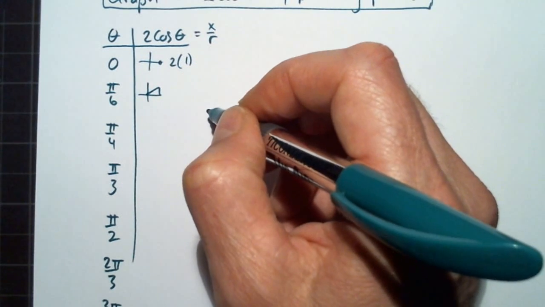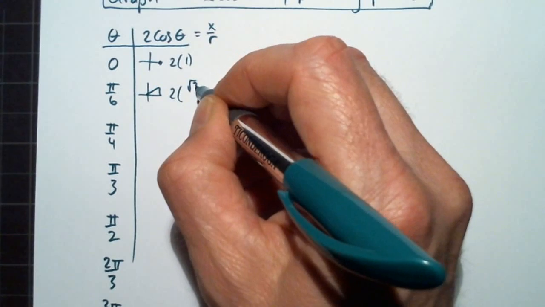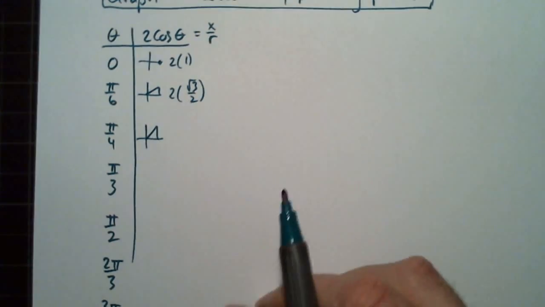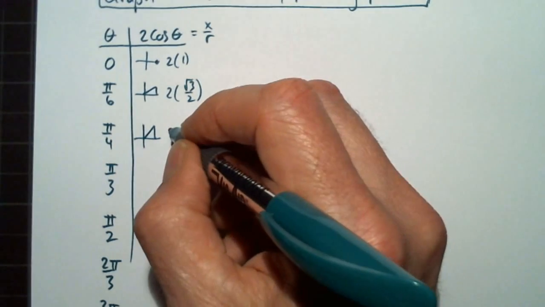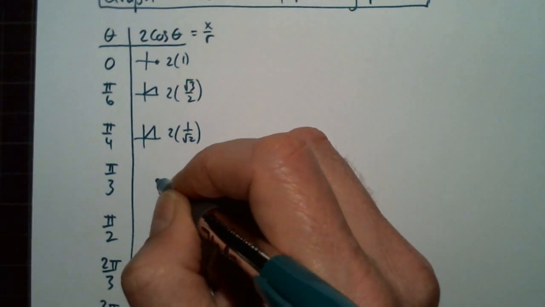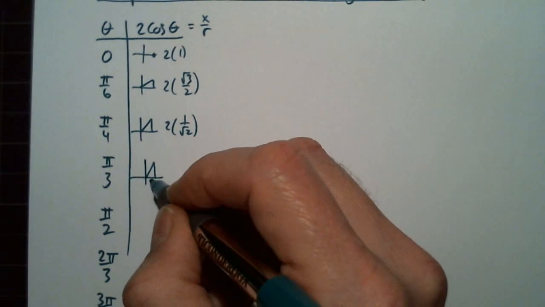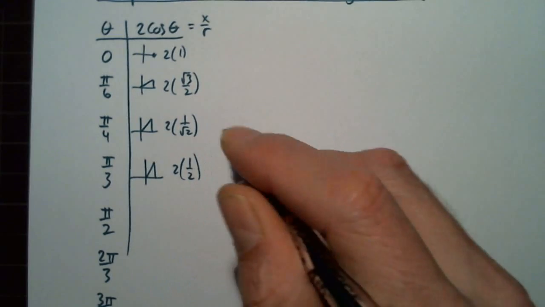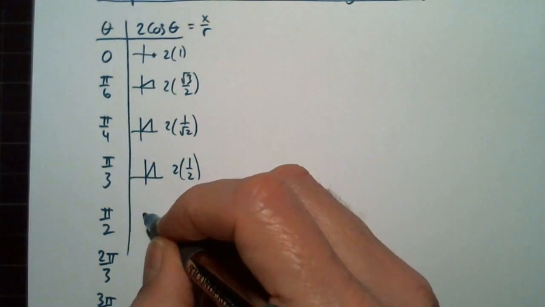At pi over 6, the x value is radical 3, r value is 2. At pi over 4, we get the x value of 1 and the r value of radical 2. At pi over 3, the x value is 1, r is 2, and I'm just copying the 2 from the original equation.